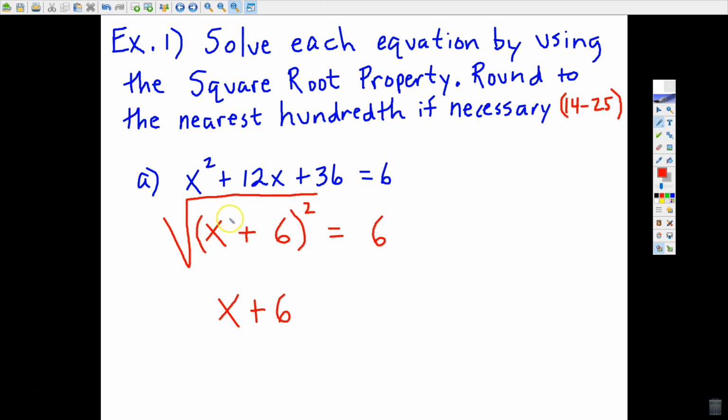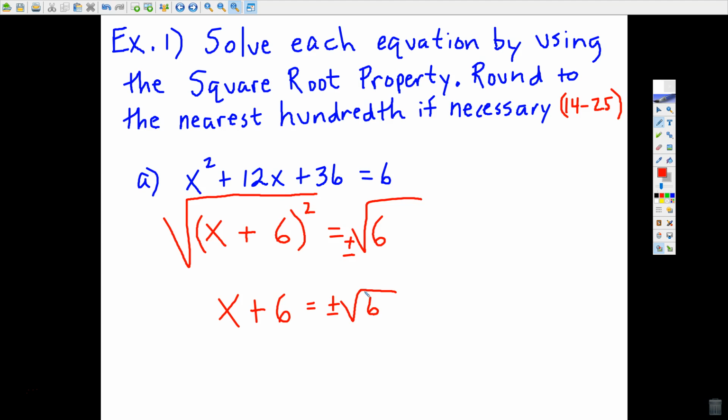But don't forget, if you do the square root of the left side of the equation, you must also do the right side. And also, very important that you not forget, when you do the square root of both sides of an equation, you need to include plus minus for the number. Okay, so we are down to x plus 6 is equal to plus minus the square root of 6.